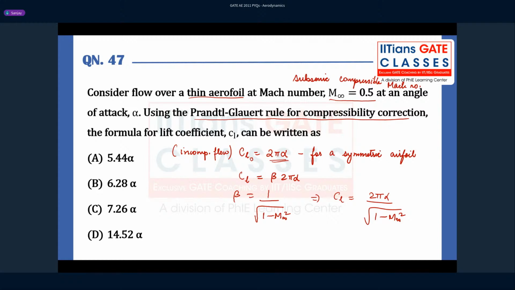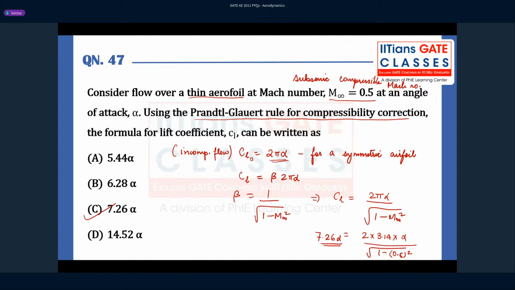So substitute the values, guys. When you substitute the values, you are going to get 2 into 3.14 into alpha by root of 1 minus 0.5 square. When you calculate, you're going to get 7.26 times alpha, which is option C.